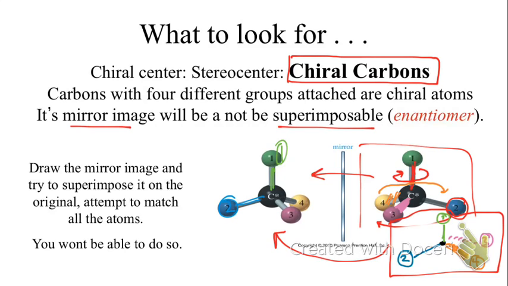Great. But what happens on the other side with 4 and 3? Well, 4 was wedged coming at you, and 3 was dashed going away. Well, if we look at the structure that's actually there, carbon atom 3 is supposed to be wedged, which means these two aren't superimposable.